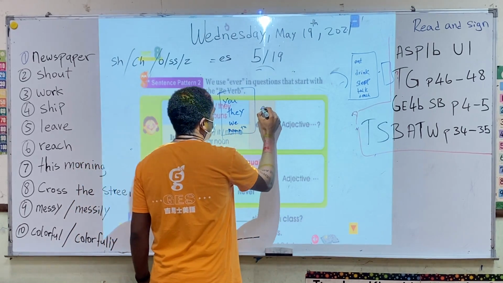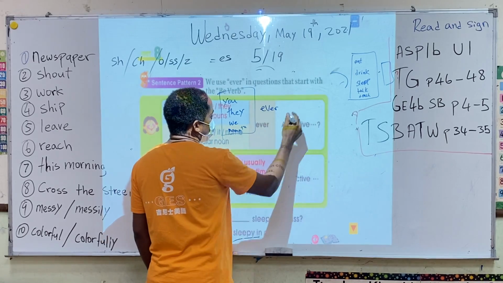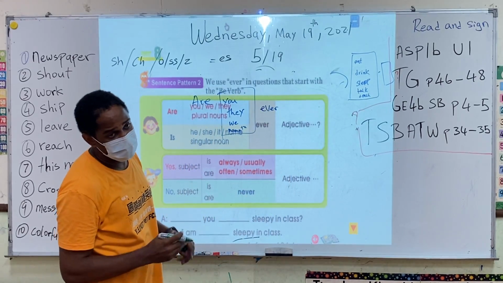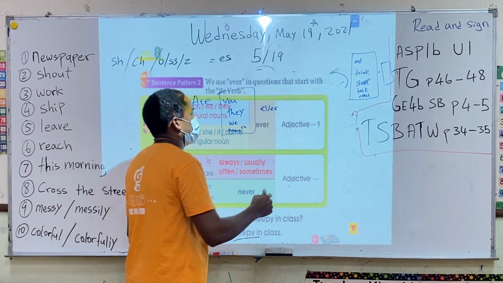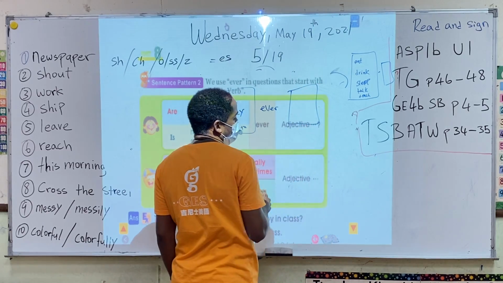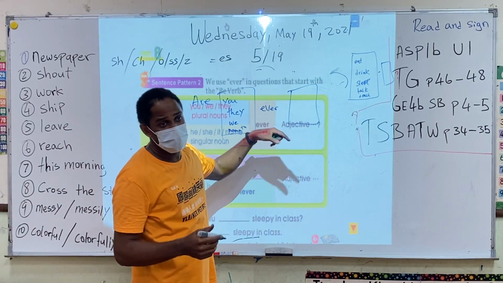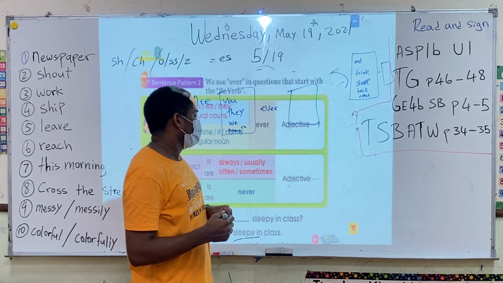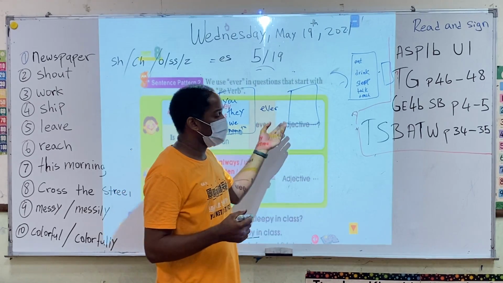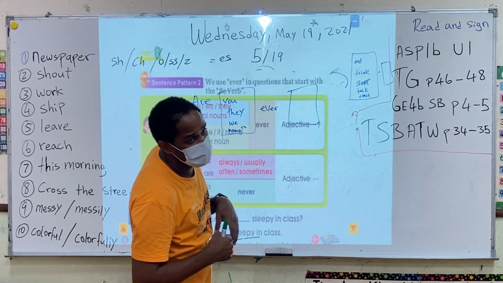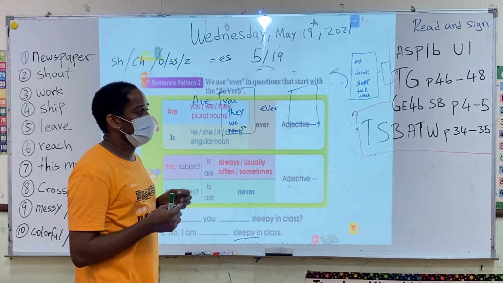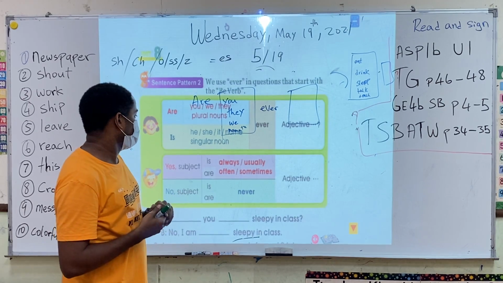Ever, E-V-E-R. And this time we're not going to use a verb, but an adjective. An adjective is a word that describes a noun, so you can use things like sleepy, happy, sad, angry. Words like this, okay?